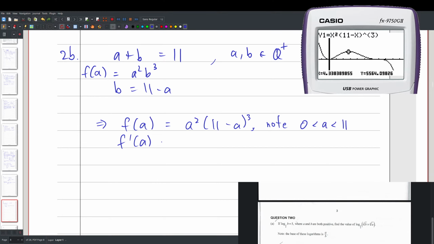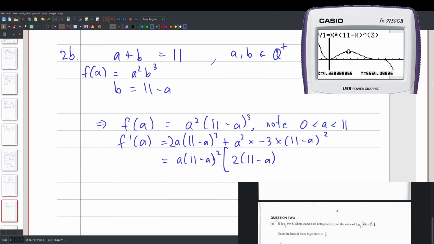Derivative of this: you apply the product rule, and you get 2a(11 minus a)^3 plus a^2 times negative 3 times (11 minus a)^2, which is, very nicely, a times (11 minus a)^2 times [2(11 minus a) minus 3a] equals 0, right?